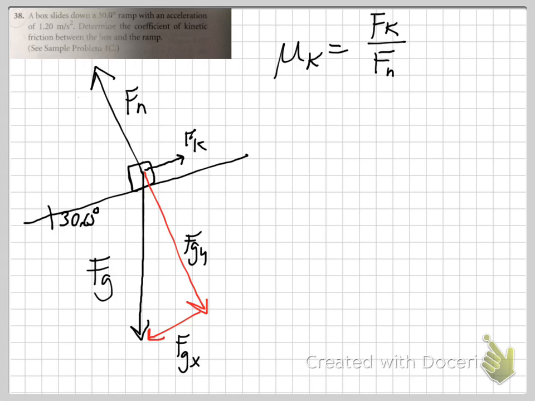Fn is definitely the easier one to do here. Why? Because the y-axis is equilibrium. So we can see automatically if this thing is not rising into the air or sinking through the ground that Fn is going to equal the negative of Fgy. But you still got to write an expression for it.